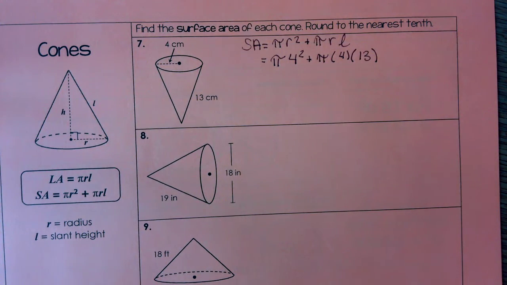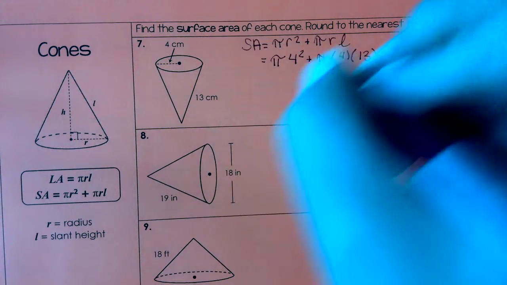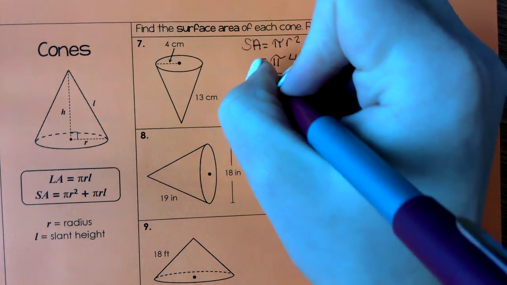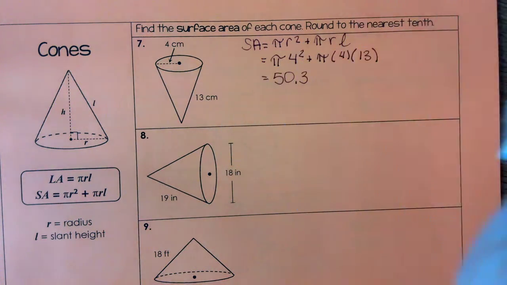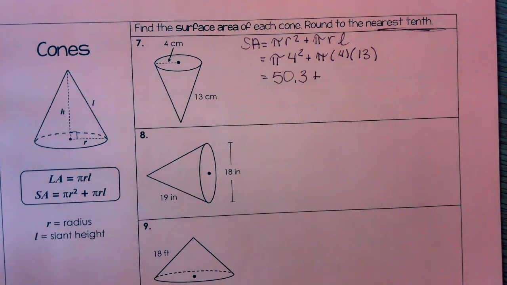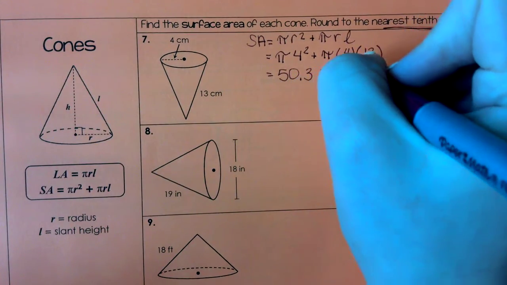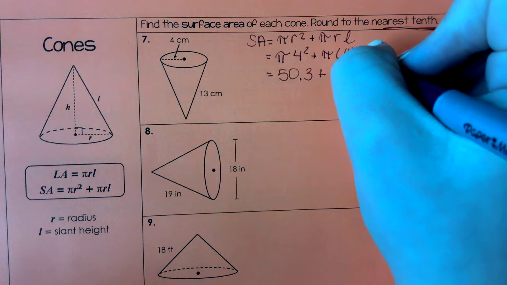So 4 squared is going to give me 16. And then I'm going to take 16 pi. Oh, where's my pi button on here? That's going to give me 50.3, round to the nearest tenth, remember, plus pi times 4 times 13, and that's going to get me 163.4.